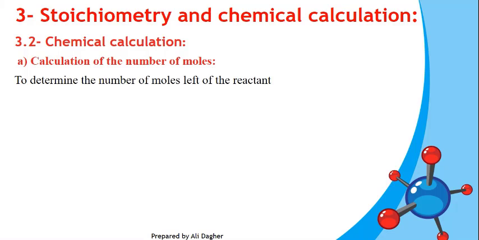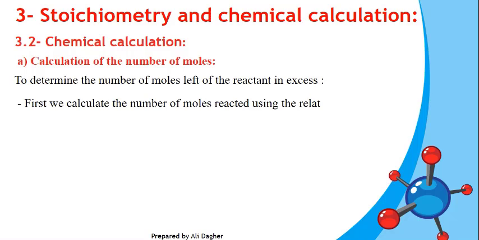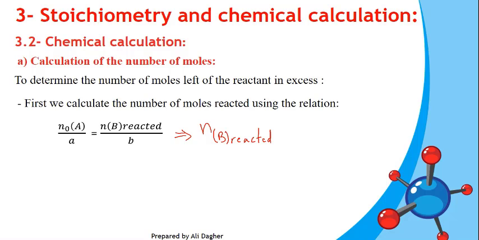To determine the number of moles left of the reactant in excess, first we calculate the number of moles reacted using the relation n0A over a equal nB over b, then nB reacted equal, cross multiplication, b times n0A over a. n0A is given, b and a are stoichiometric coefficients of the reaction, then we calculate number of mole of B reacted.